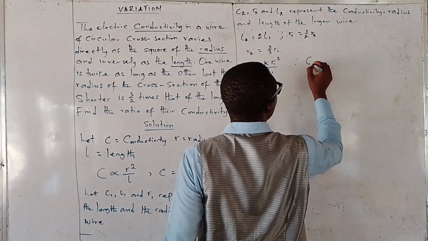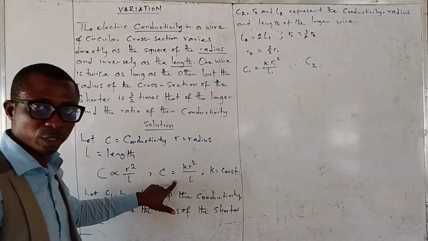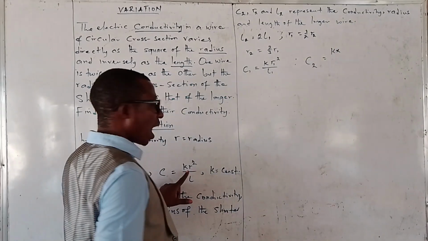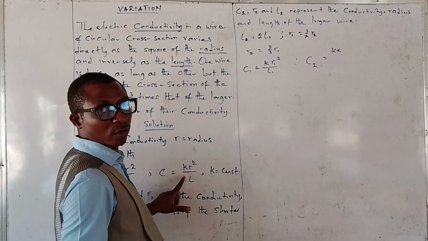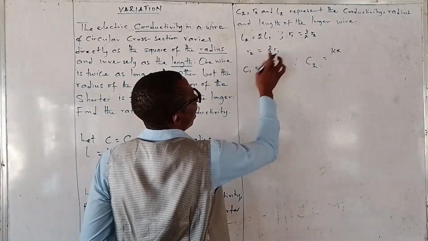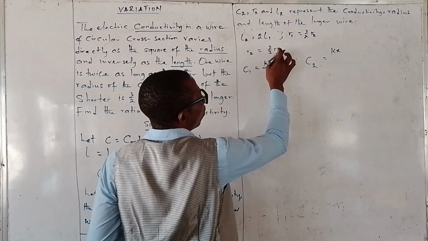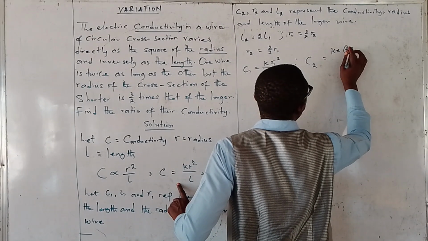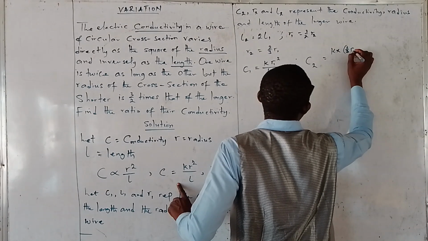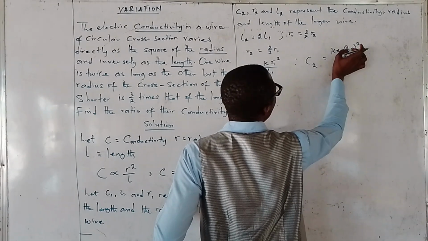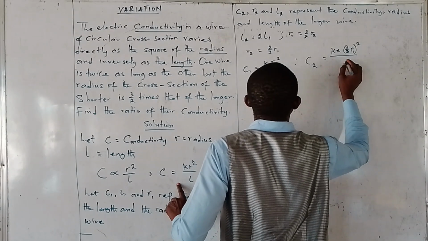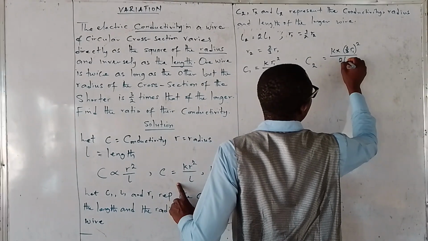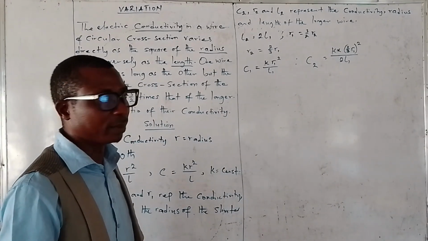C2 equals K times R2, and R2 is 2/3 R1, everything all over L2. What is L2? 2L1. Hope you get that now.